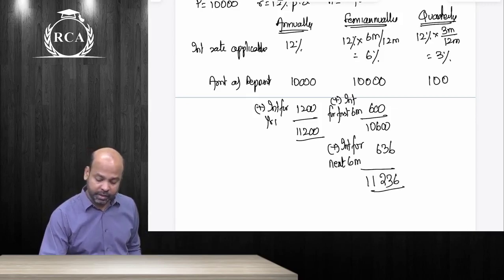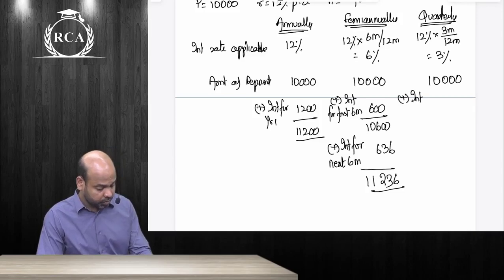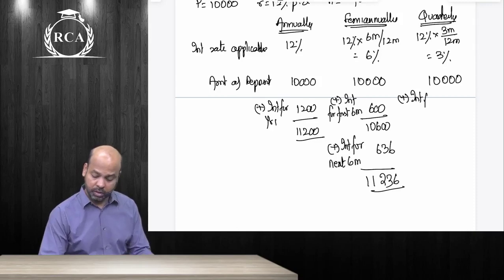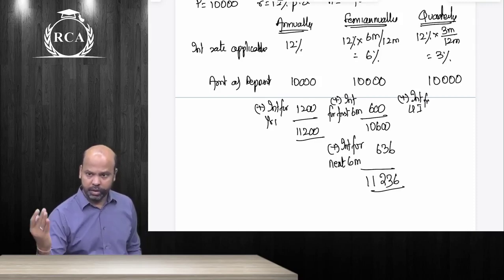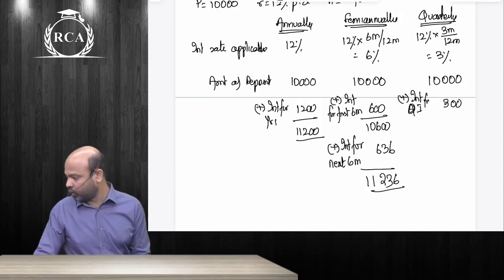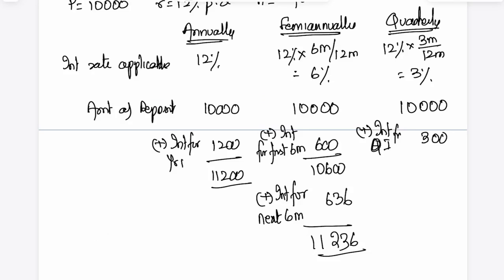In the last case, beta, keep adding interest 4 times. Interest for quarter 1, beta, is 300. What will be the amount of interest for quarter 2, guys? पूरे 4 क्वार्टर का बोलो बेटा मेरे को.